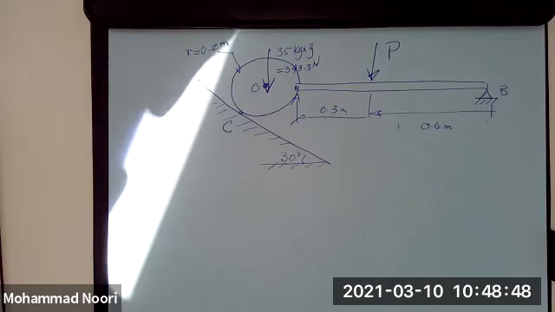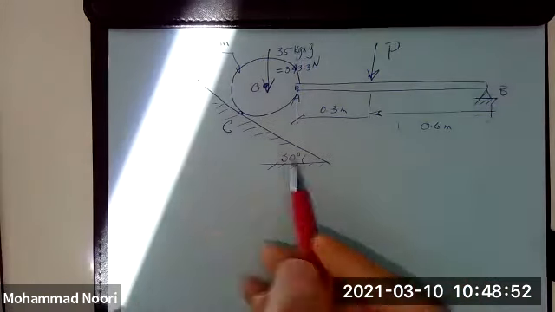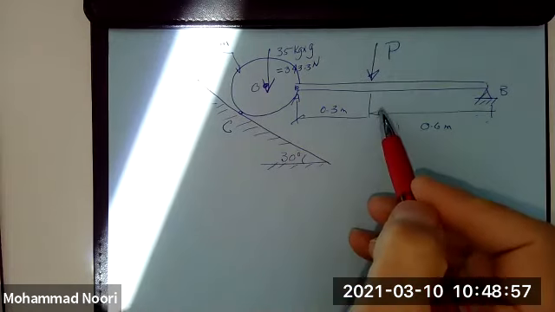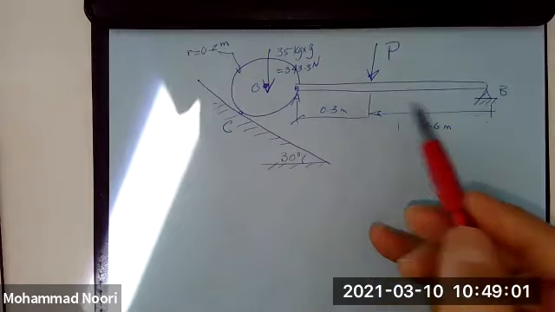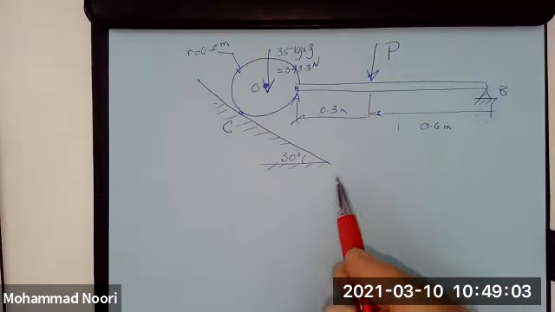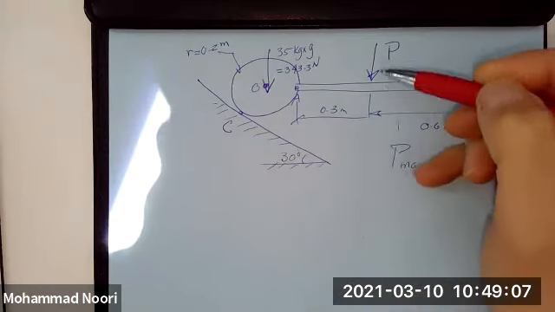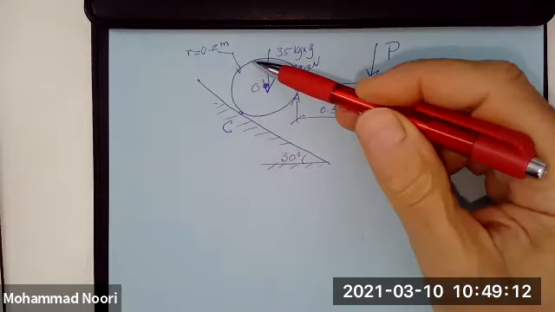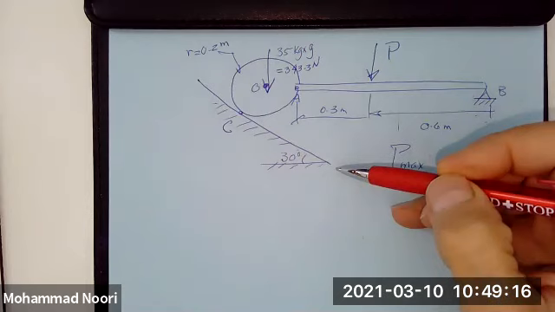What you want to find out is, if this is a sort of machine that is supposed to hold this load P, what could be the maximum load P that you can apply to this beam without causing this disc to rotate or slip down this inclined surface?